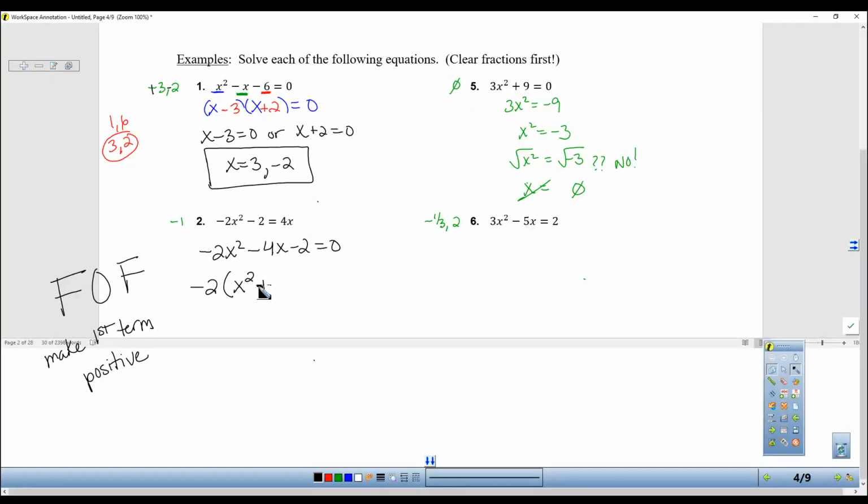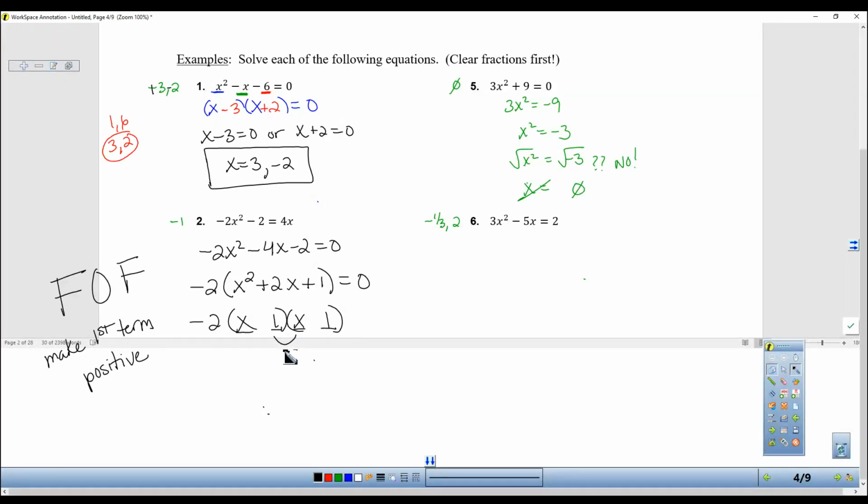X squared plus 2x plus 1. Make sure you keep writing that negative 2. It's still part of the problem. I will take off points if you don't. And then again, the first times the first makes the first. And I love this. The last and the last, there's only one choice. 1 and 1.